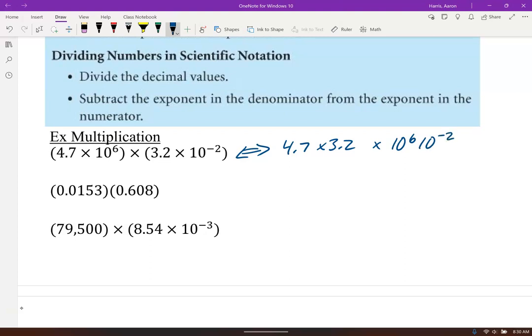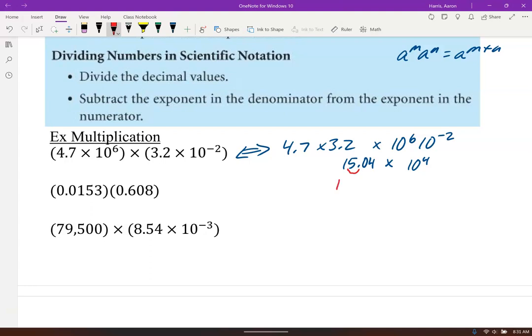So I'm going to use this rule, a to the m times a to the n is a to the m plus n. So 6 plus negative 2 is 10 to the 4th, right? And I'm going to multiply 4.7 times 3.2, and I get 15.04. Well, the only problem is 15.04 is not greater than or equal to 1 but less than 10. So I gotta move this over 1.